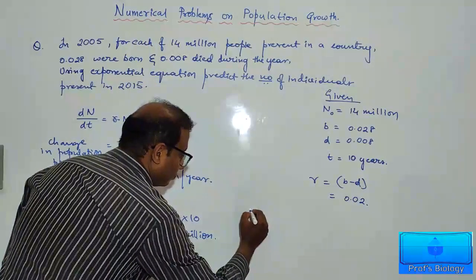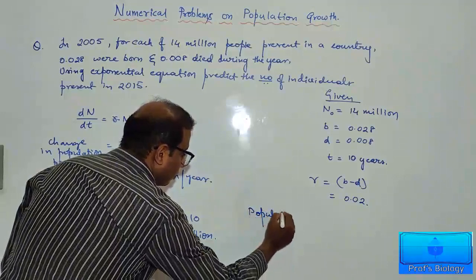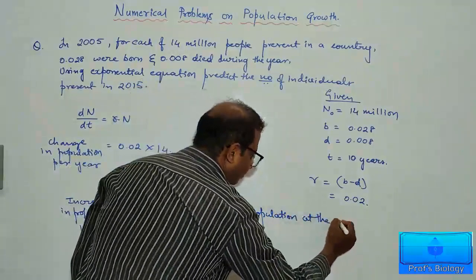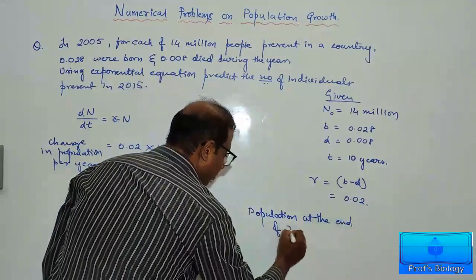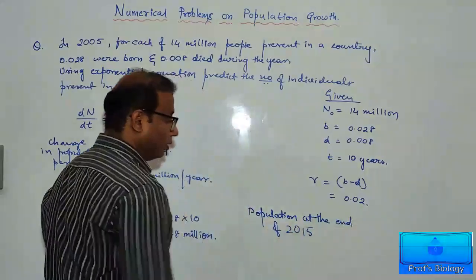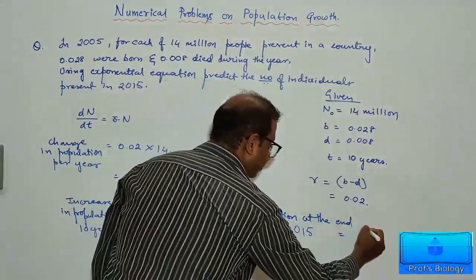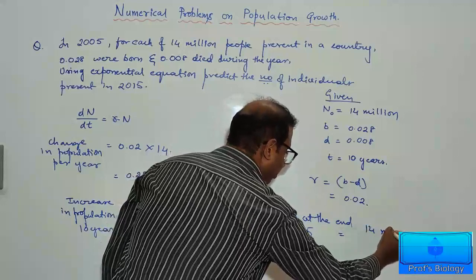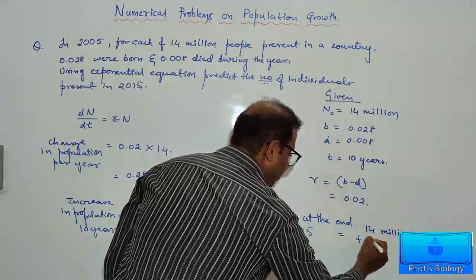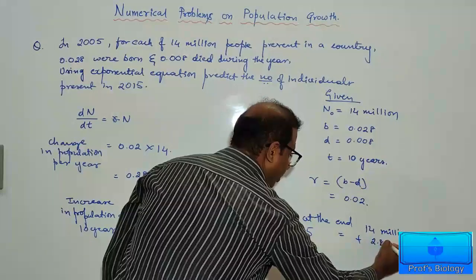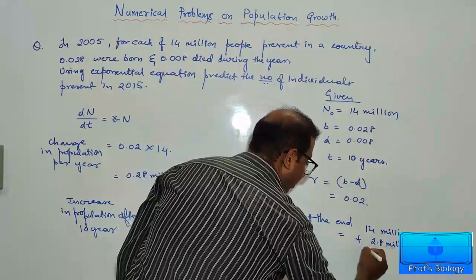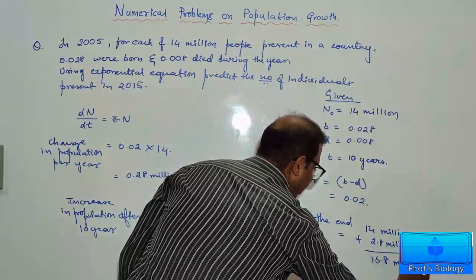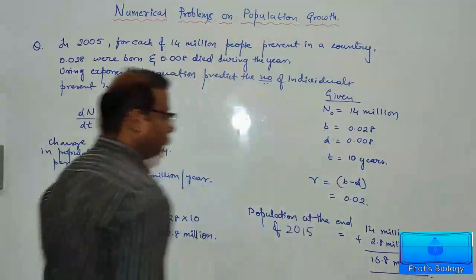So population at the end of 2015 would be 14 million plus 2.8 million, which would be 16.8 million individuals.